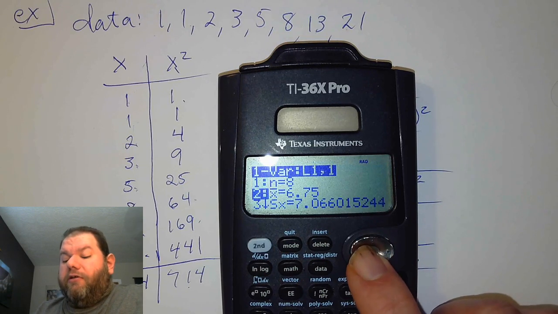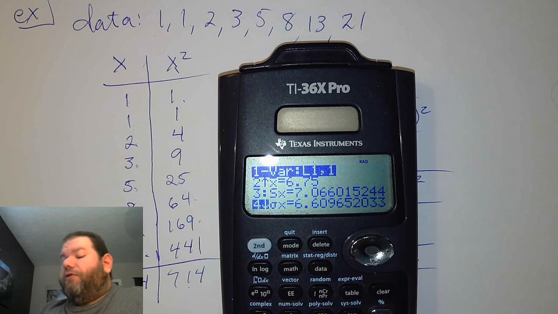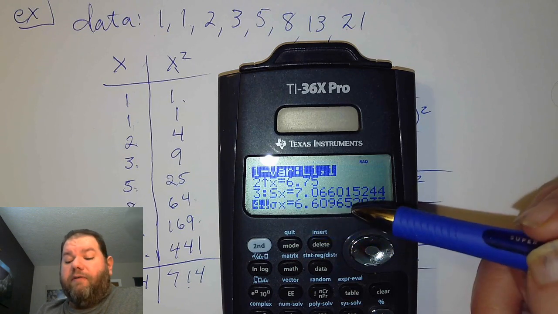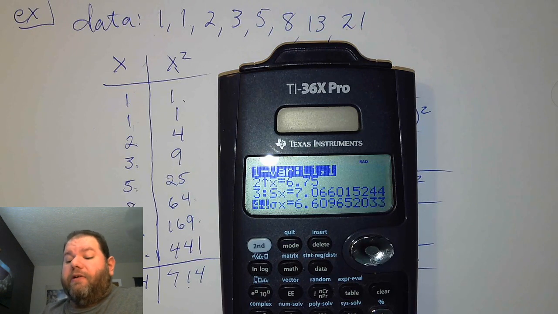Now again, we could continue down, and you'll notice that this is sigma x. This is the population standard deviation. Notice it's a little bit lower. That's because when we're talking about a population versus a sample, there are different things that we need to consider.